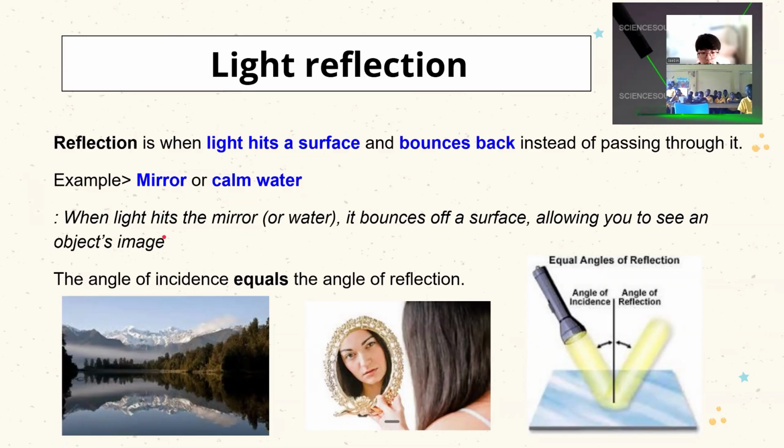When light hits a mirror or water, it bounces off the surface and allows you to see an object's image. And the angle of incidence equals the angle of reflection, which is a term used to measure the effect of the reflection.